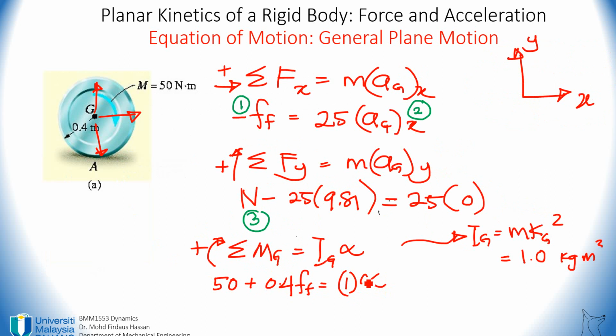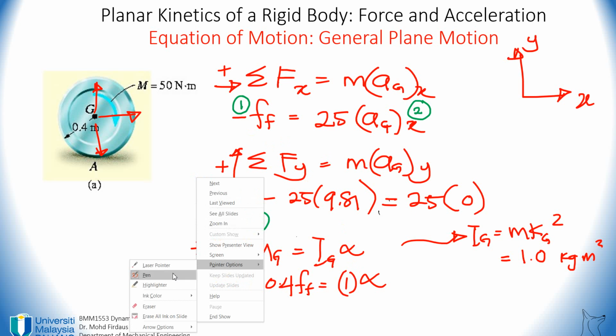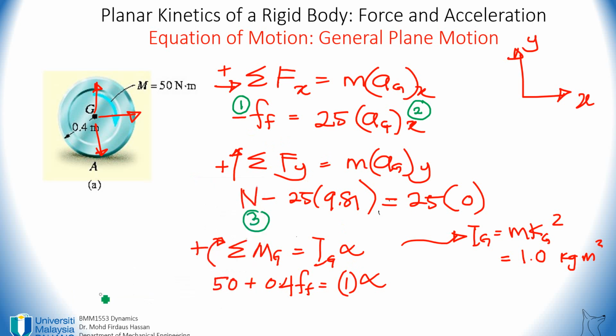But here you can see, how many unknowns? You have FF, aG x, N, and then one more, the fourth, which is alpha. So you have three equations and four unknowns.